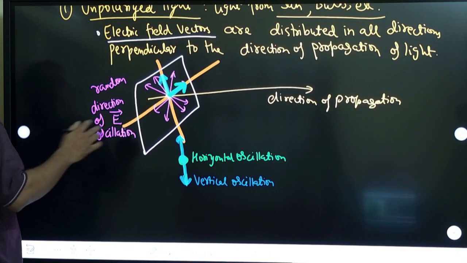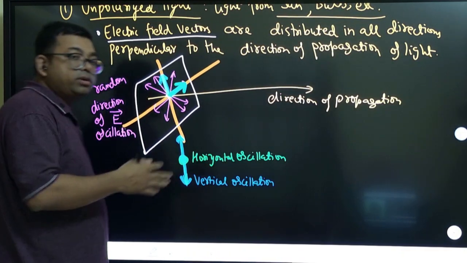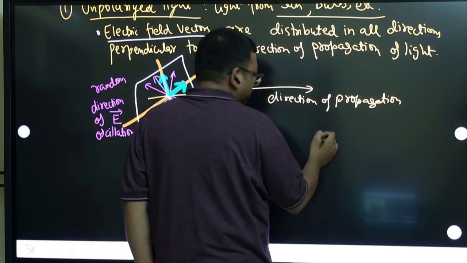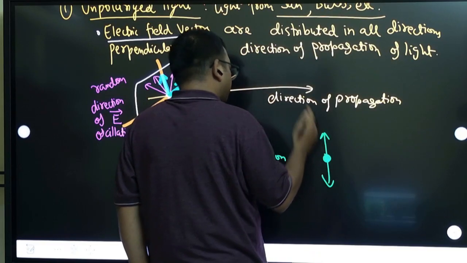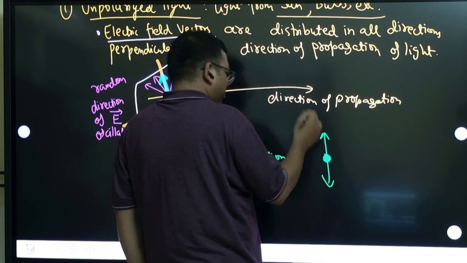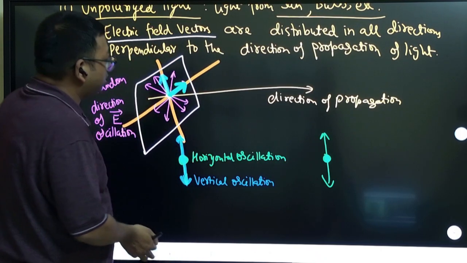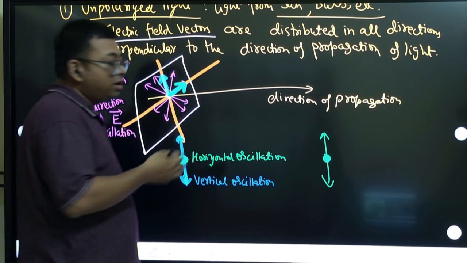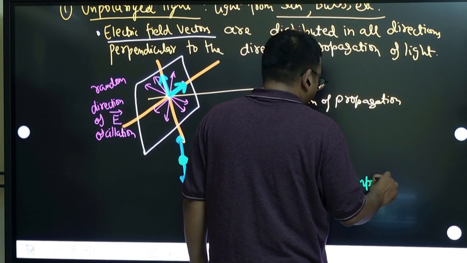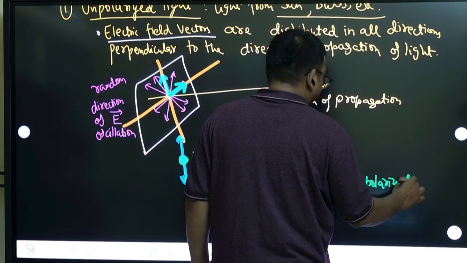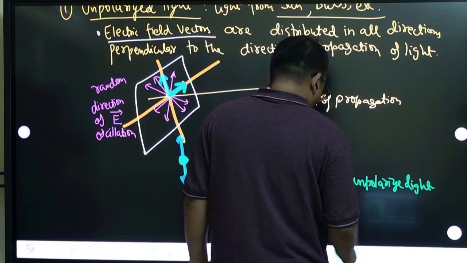Okay, this is what is unpolarized light. Unpolarized light can be represented by this type of line with a dot here. The dot represents horizontal oscillation, and this vertical line represents vertical oscillation. That means it is unpolarized light.